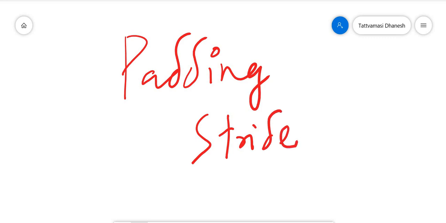Before getting into these two aspects, padding and stride in convolutional neural networks, we have discussed the convolutional algorithm, how the algorithm works.